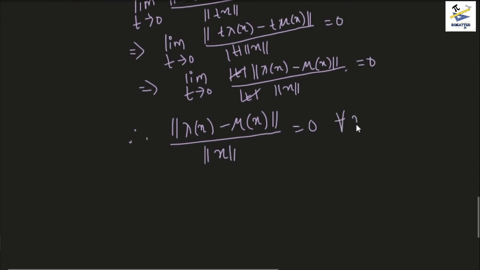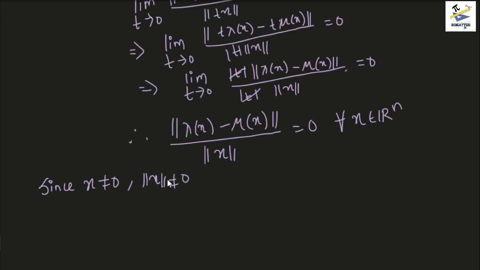This is for all x belonging to R to the power n. Since x is not equal to 0, the norm of x would not be equal to 0. Therefore, the norm of lambda x minus mu x is equal to 0.